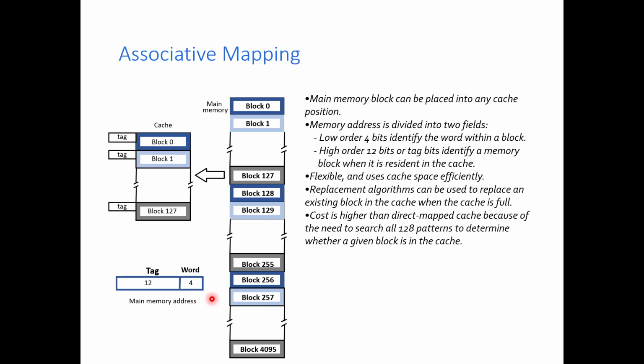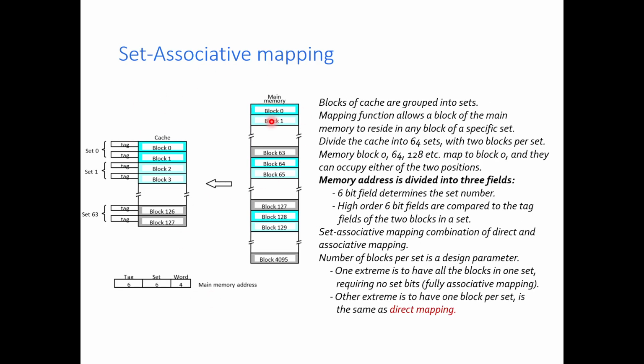Set associative mapping is a combination of both direct and associative mapping. In this case we have the same 4K main memory and 128 blocks of cache memory. Here we take 2 blocks as one set. Blocks 0 and 1 are set 0, and blocks 2 and 3 are set 1. Inside the set we can place a block anywhere.